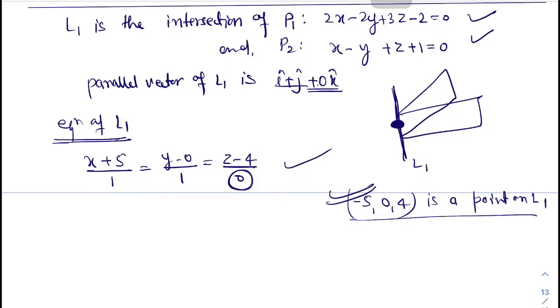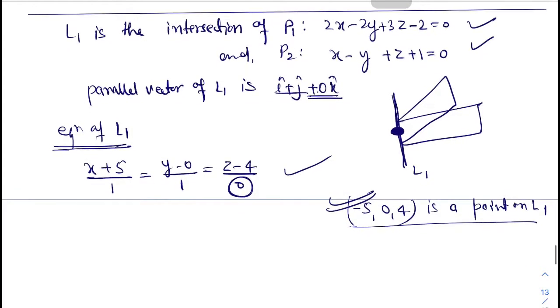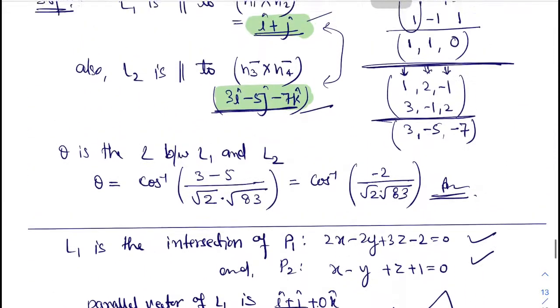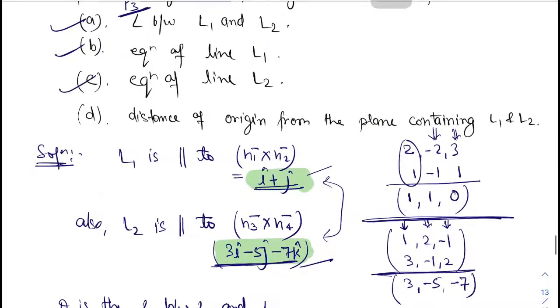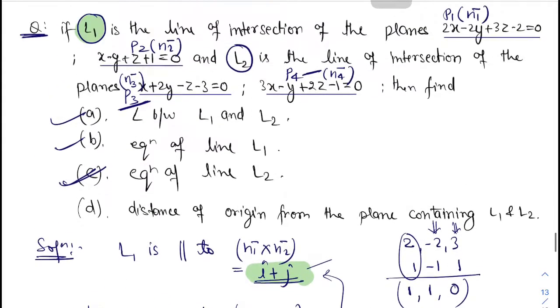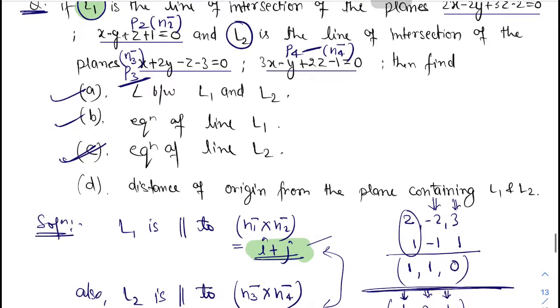You can also calculate in the similar manner the equation of L2. So this was our third question: what was the equation of L2? L2 is parallel to this vector. The only thing you need to do is to find any point on L2.